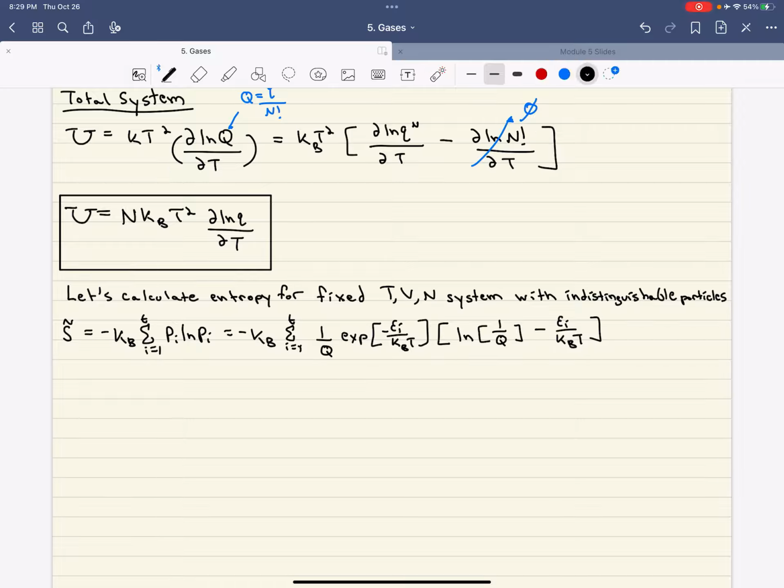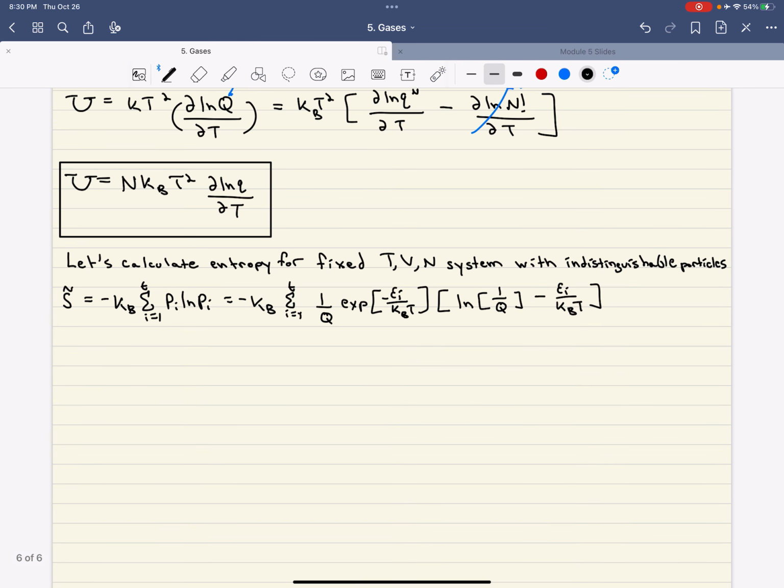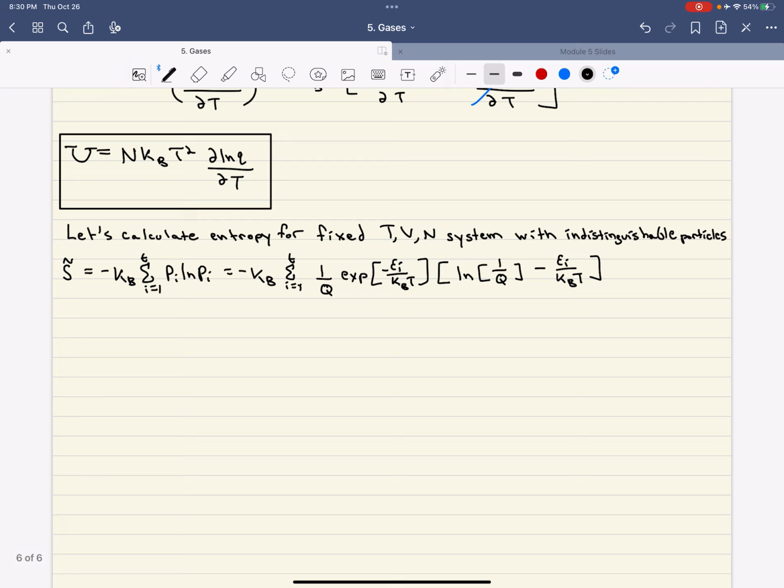And when I distribute that across, we'll get the following. Okay. So here, since we have 1 over Q in the natural log, I'll just factor out the negative. So I'll play around with the log rules again. So I'll get kB ln of Q over Q, and then times this summation.